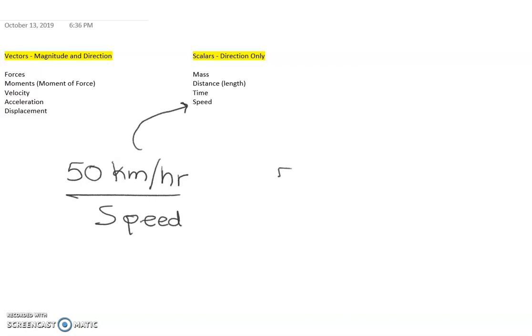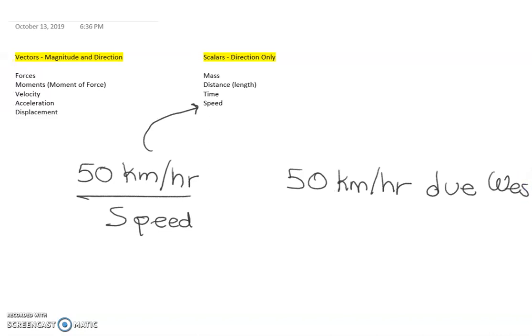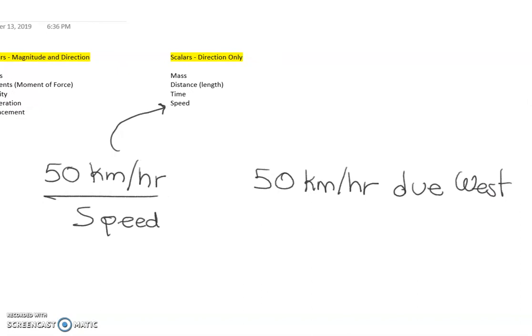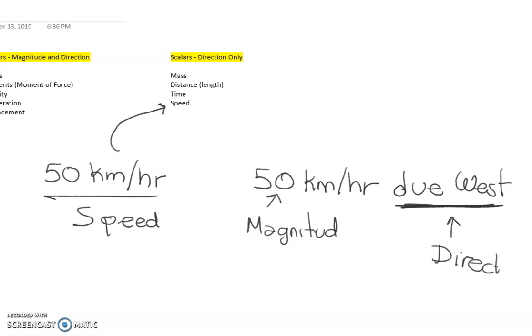But if we're going to say 50 kilometers per hour due west, then you have a direction. Okay, so we got magnitude, and we have direction. Right? Whereas here, we only have magnitude alone.